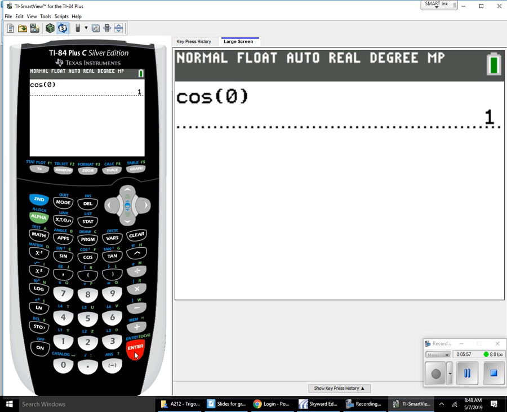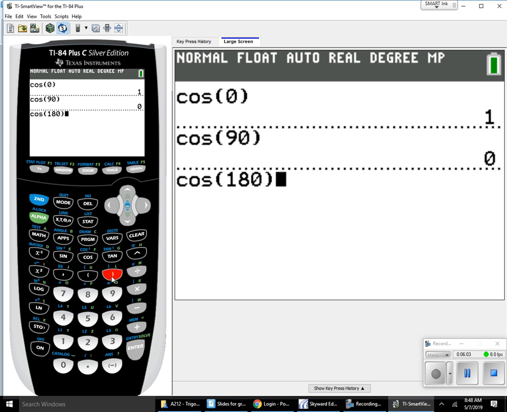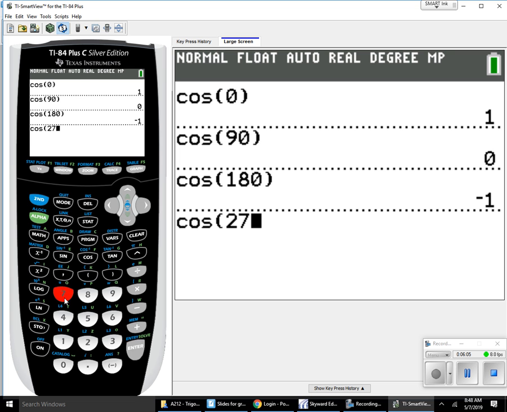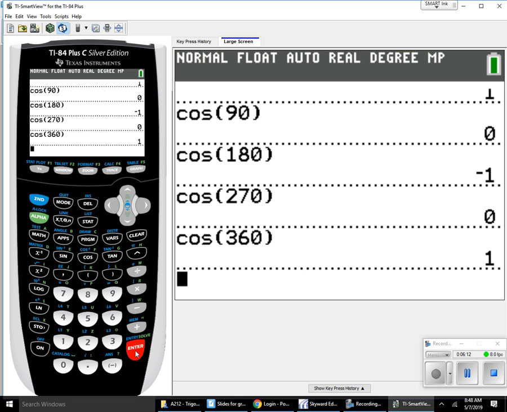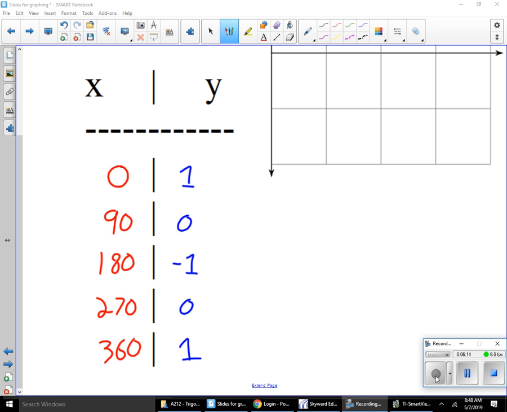So cosine is going to start high. And then we'll have cosine of 90, cosine of 180, cosine of 270, and then cosine of 360 ought to be the same as cosine of 0, and it is. So here we filled out our table.